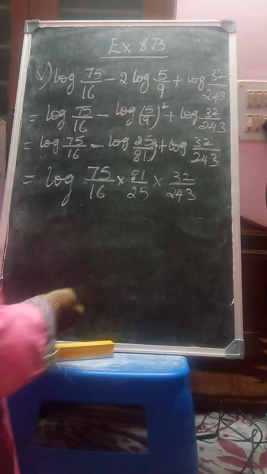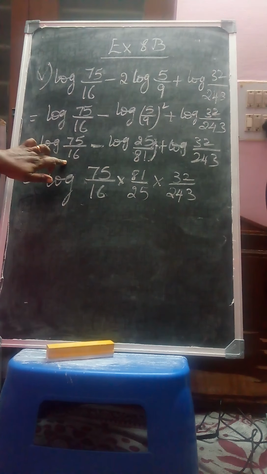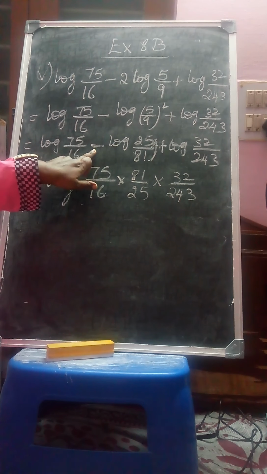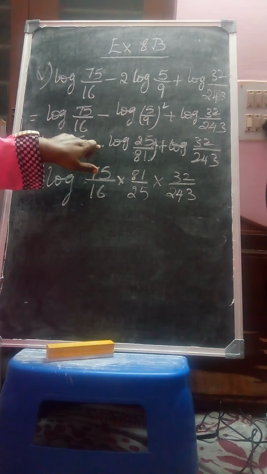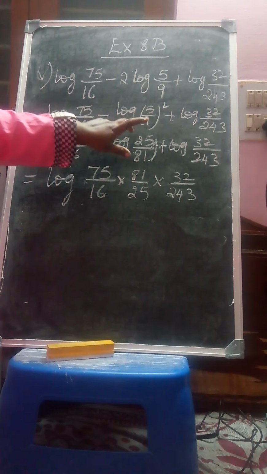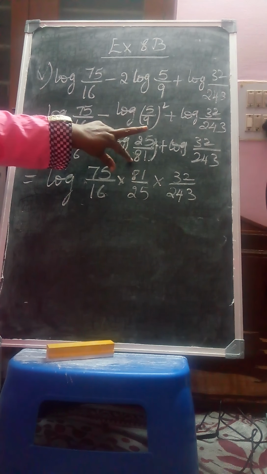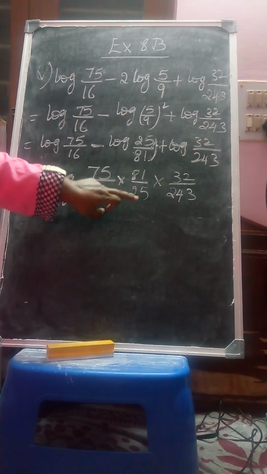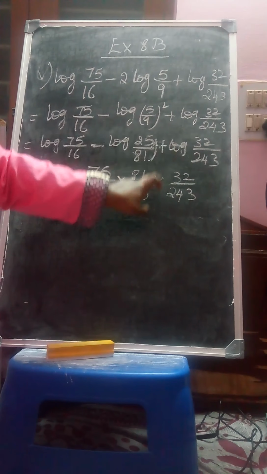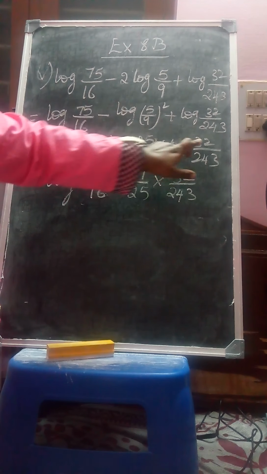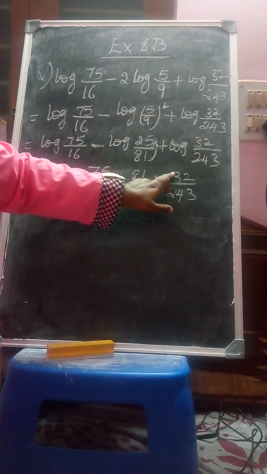Again I am saying it, children, 75 by 16. Since it is minus, it is quotient law. When it is quotient, you will take the reciprocal. So 81 will go up and 25 will come down. Now here it is plus, so it is product law, it will be the same, 32 by 243.